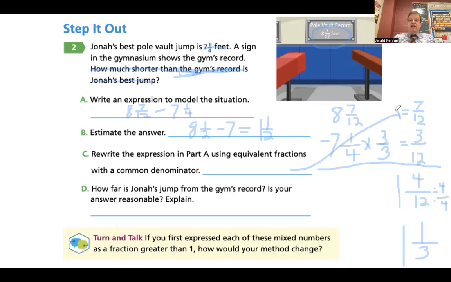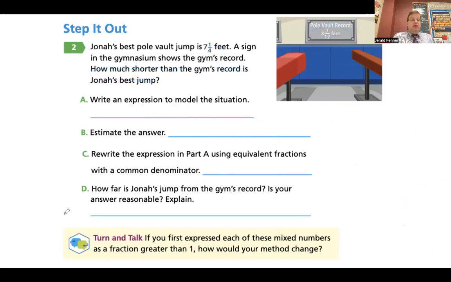We did that here. And then how far is the jump from the record? That's right here, and simplified is right here. Okay, so as I said before, it's exactly the same as yesterday's lesson. The only major difference is now we have mixed numbers. So let's move on to the check understanding.